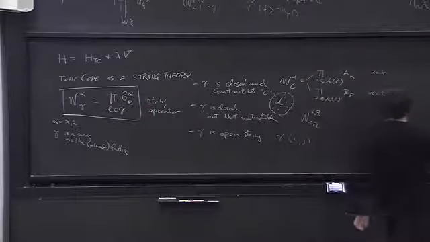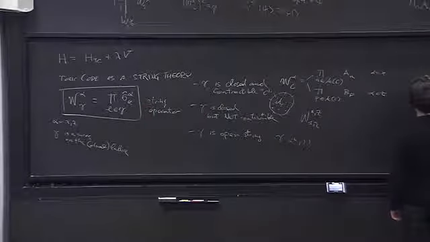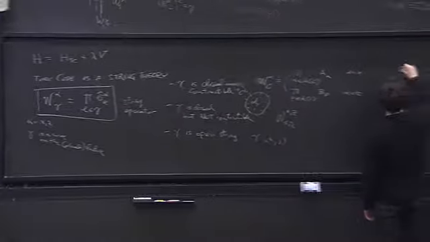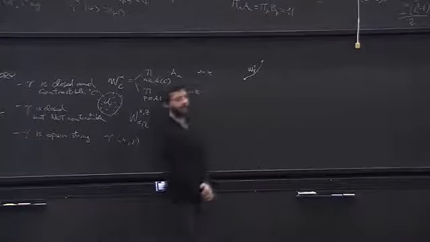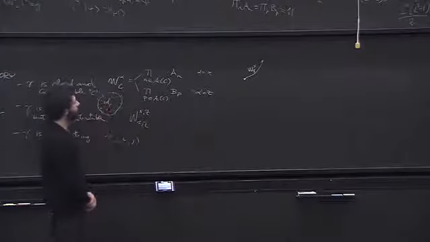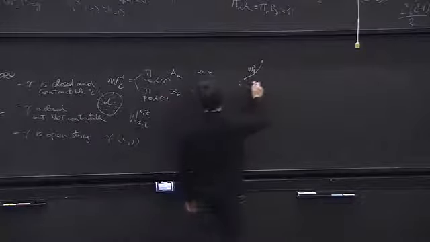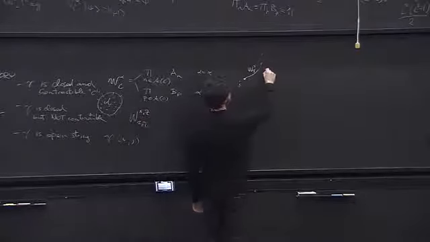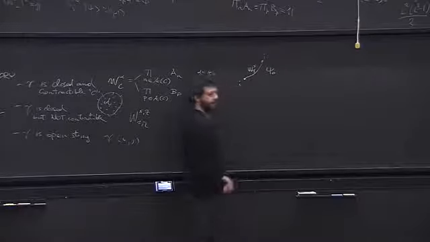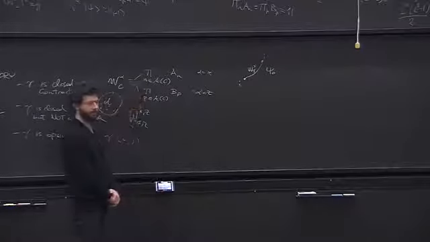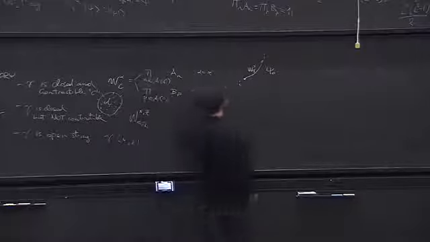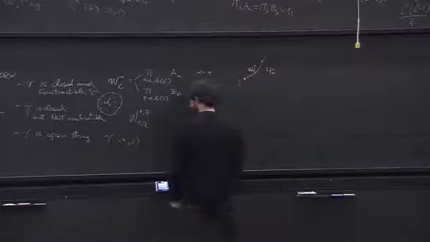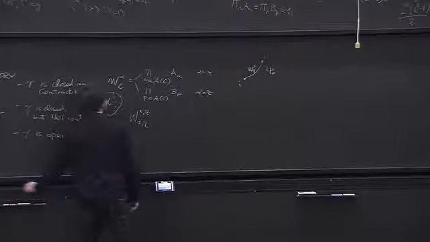What does an open string do? So this operator, W gamma, let's say W gamma X, where this is i and this is j. Let's apply it on our ground state, psi 0. Let me show you a picture.